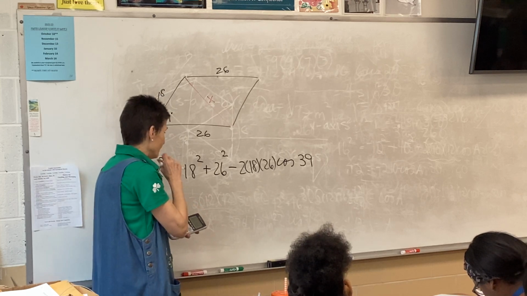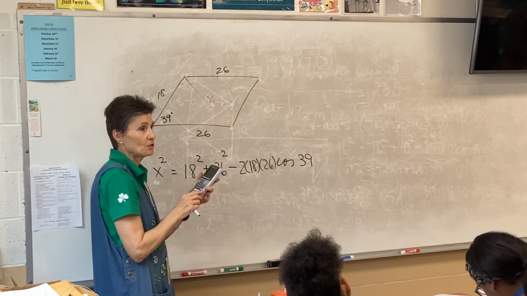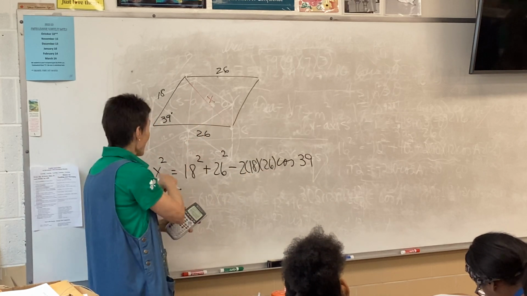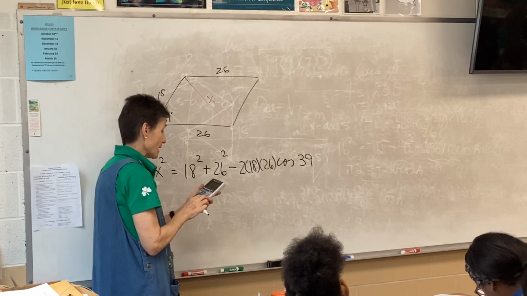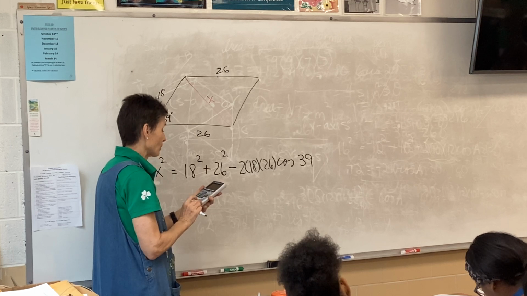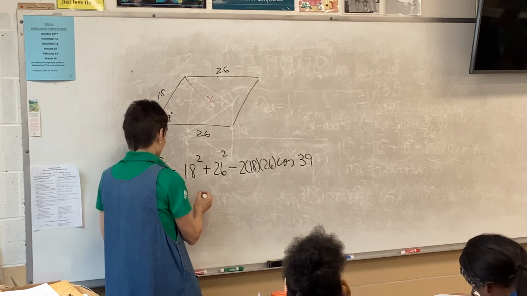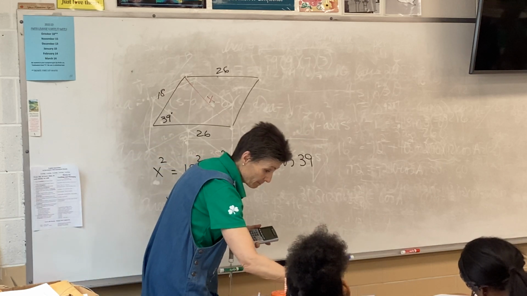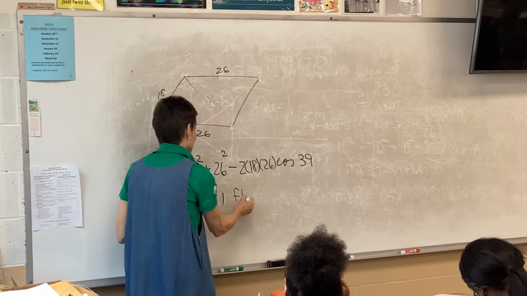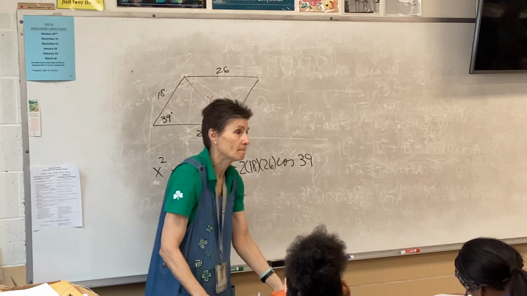Now, when you type all that in, you get something big like 272. But remember, that is x squared. So I'm going to raise that to the 1/2 power. So just raise it to 0.5. And x equals 16.51. Need a unit, feet. Not feet squared, because feet squared would be area.